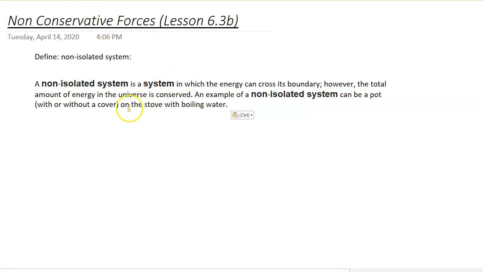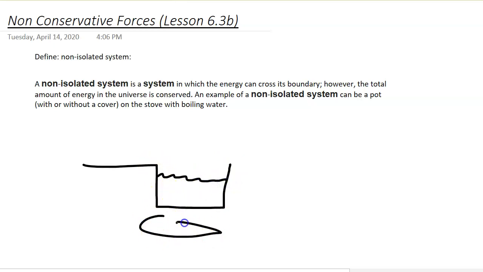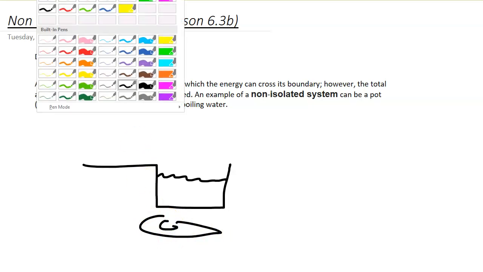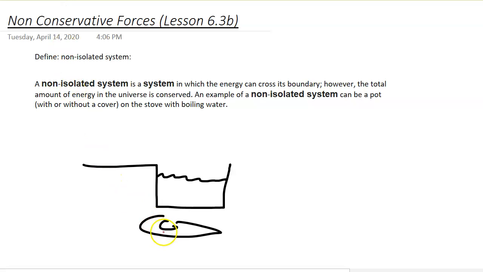Now the total amount of energy in the universe is conserved, right? However, this device or whatever we're looking at is not isolated, which means that energy can come in or energy could be going out, such as a pot with or without a cover on a stove with boiling water. In this case, you've got your pot, you've got your boiling water, it's heating up, energy is going into the system.